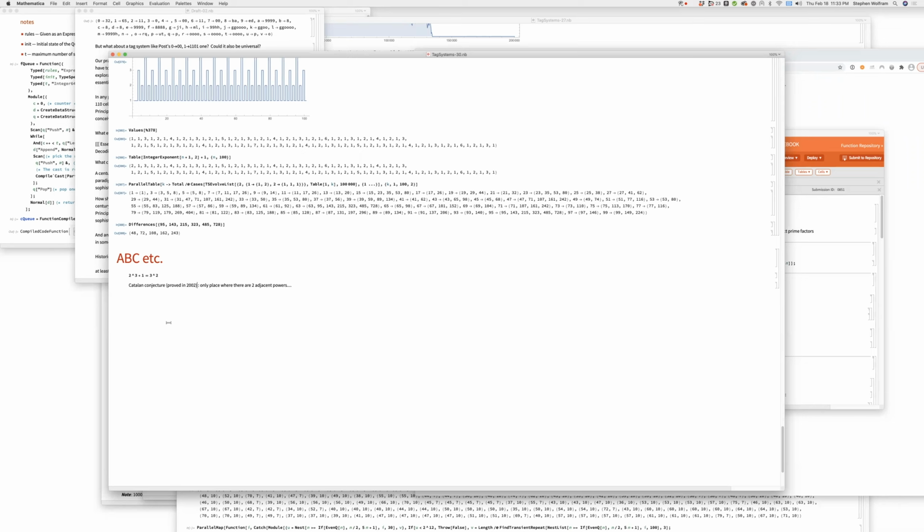So why is this relevant to the 3n plus 1 problem? Because when 2 powers are close together, you can get a cycle in something that is Collatz-like.